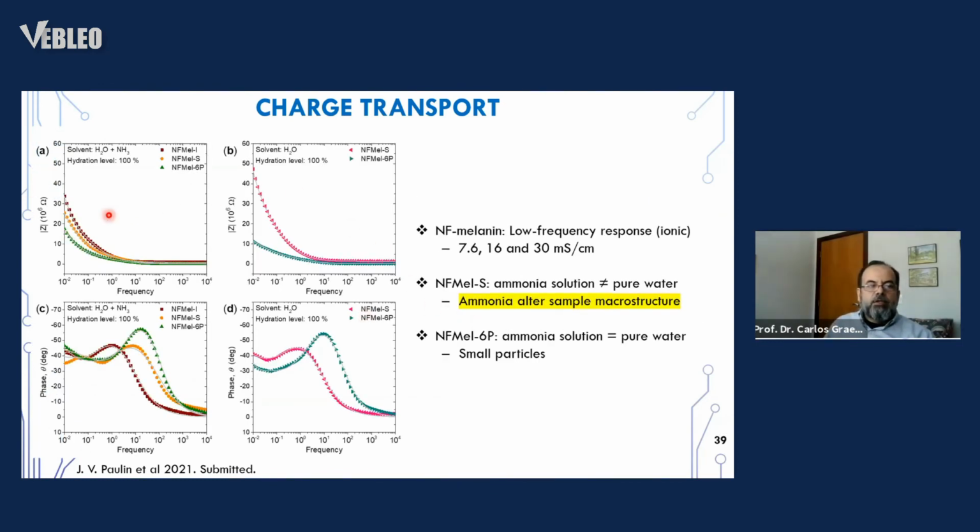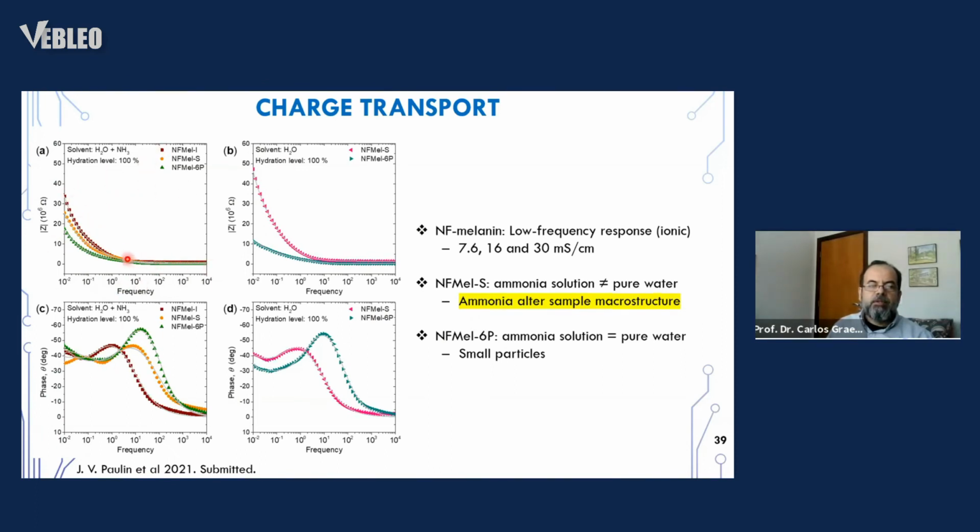I'm not, again, going too much into detail, but we can also see this very clearly from the impedance. Okay, now we're looking at the AC response, and as you can see clearly, depending on the hydration level, here is already 100%.